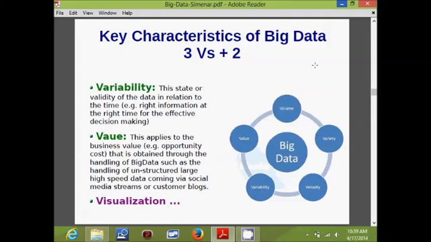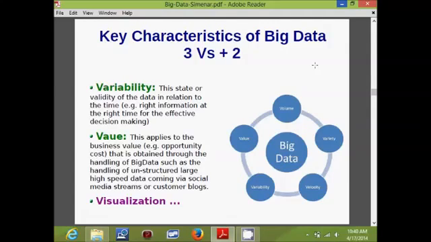The value of the data for business, for example: is that type of data valuable for the company or not? Not all the data are valuable for my company. So the value is another dimension of big data that interests businesses. Some other people added another dimension, which is visualization. At the end, you need to visualize your findings, your results. So visualization is another main characteristic of big data. So now in total we have 6 characteristics of big data.